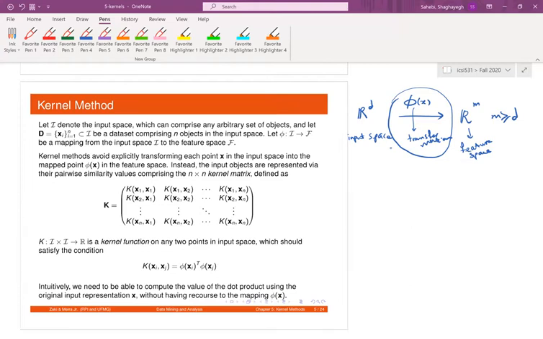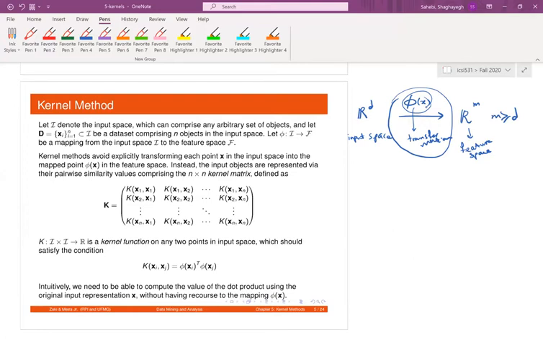So what we can do instead is that instead of working on phi of x's directly, so in the new feature space, what we are going to work on is the inner product between our data points in the feature space.